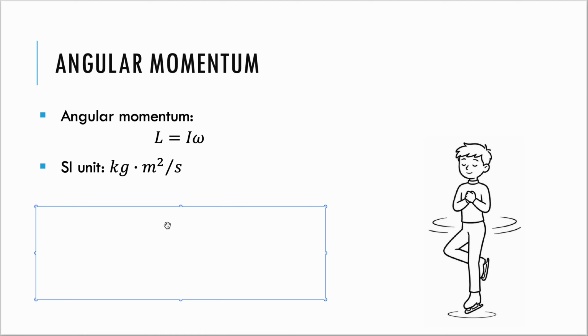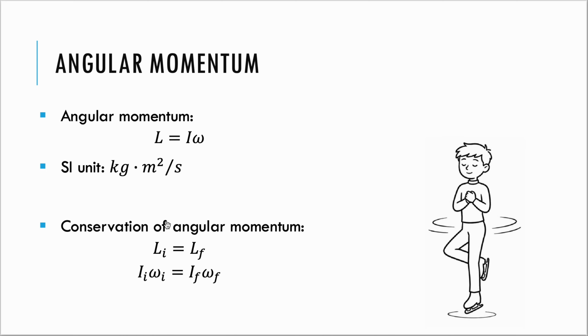When there's no net external torque on the object, then we have conservation of angular momentum. We can use this equation whenever an object is rotating and the distribution of its mass is changing and it's not due to some external factor. In that case, the initial angular momentum equals the final angular momentum.